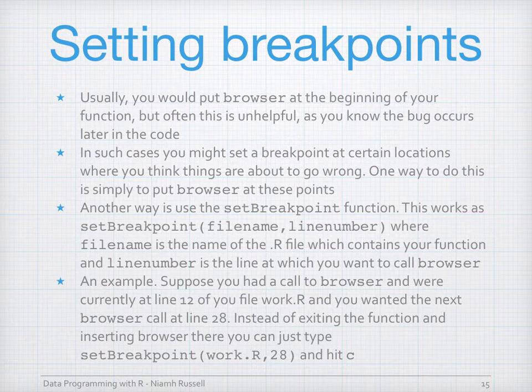Remember that what c does is that it will just continue on your code until the next time you hit browser, or you go back to the function or to the R prompt. But if you set the breakpoint and then hit c, it will stop again just before line 28. So that's an example of when you might use it.